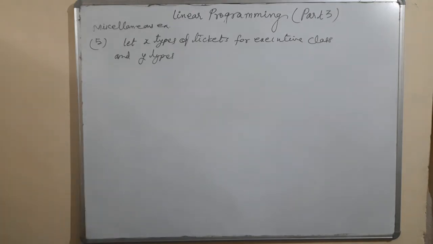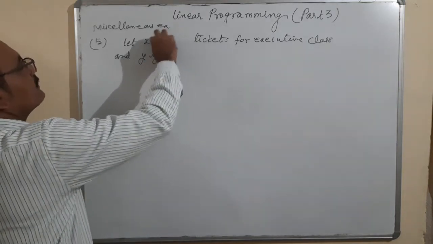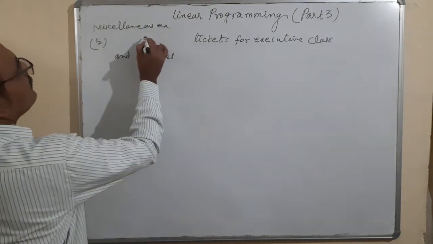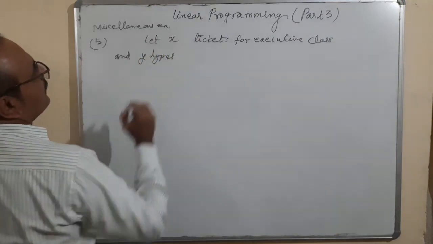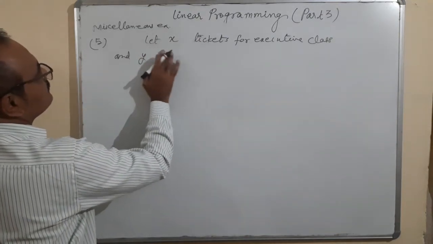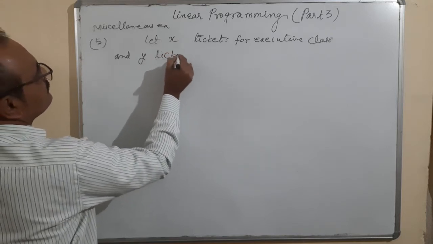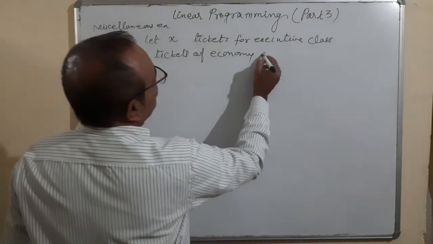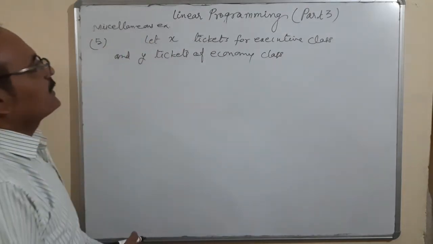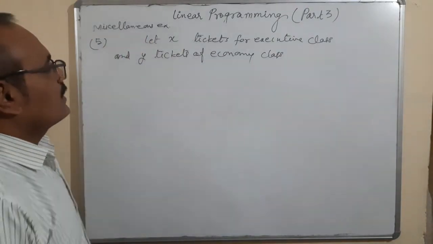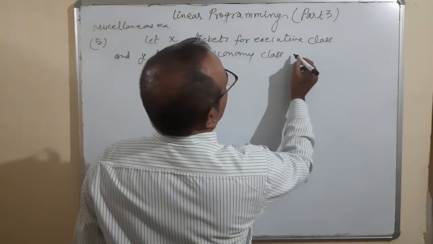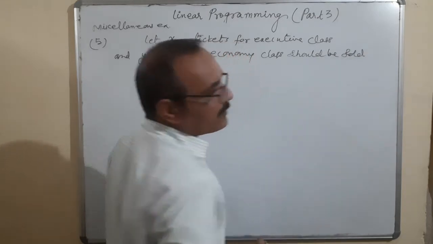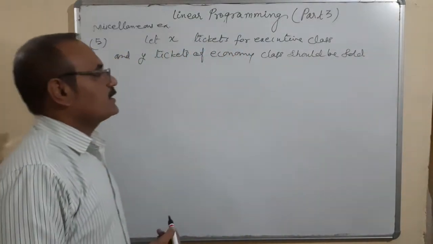X tickets of executive class and Y tickets of economy class should be sold, okay, to maximize the profit.